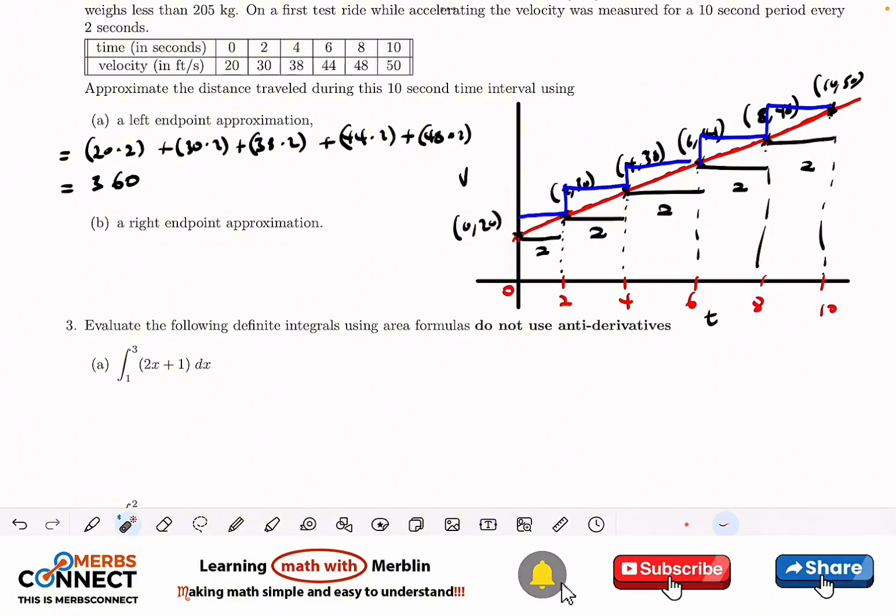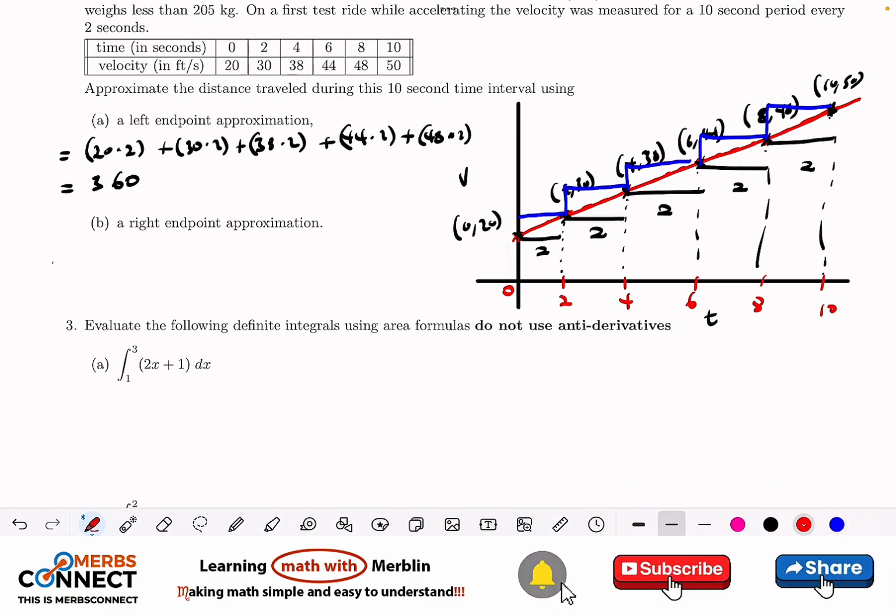So for the right, we are starting from the one here. So 2 times 50, 2 times 48, 2 times 44, 2 times 38, and then 2 times 30. So that's what you are going to get. We are starting from here, where we ended here.